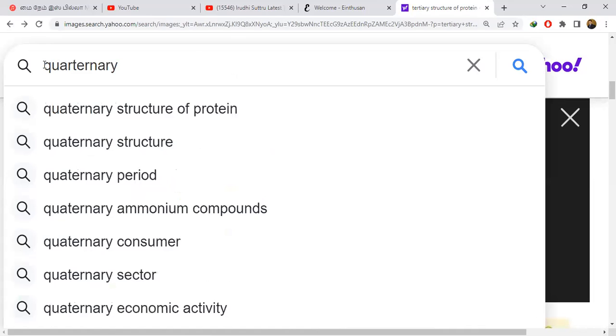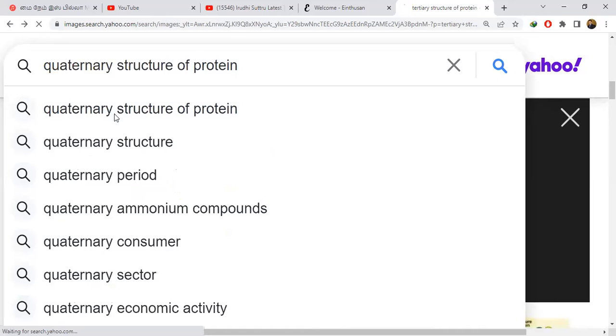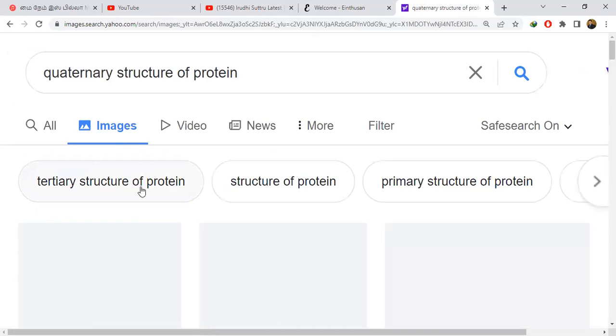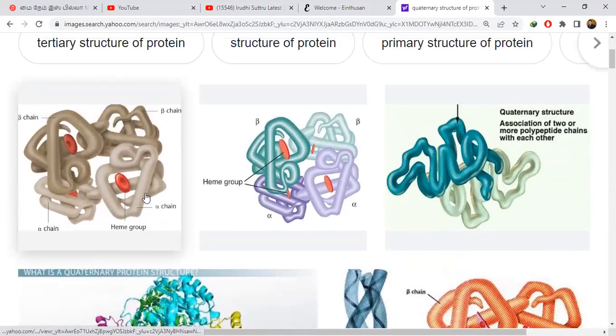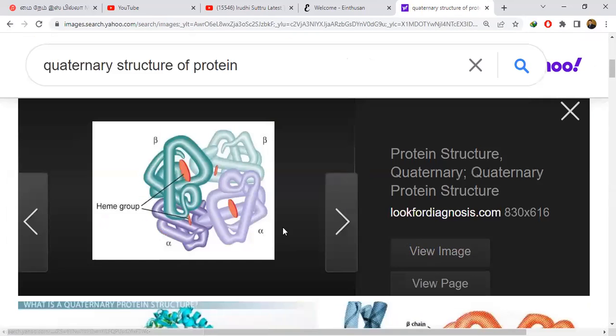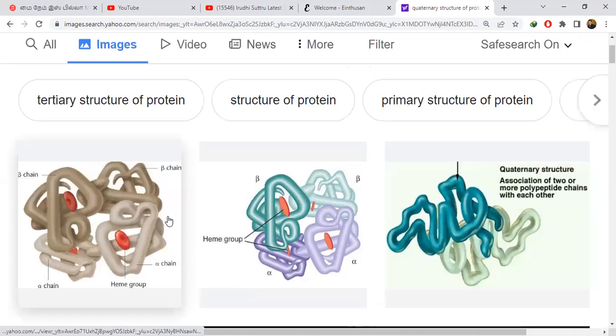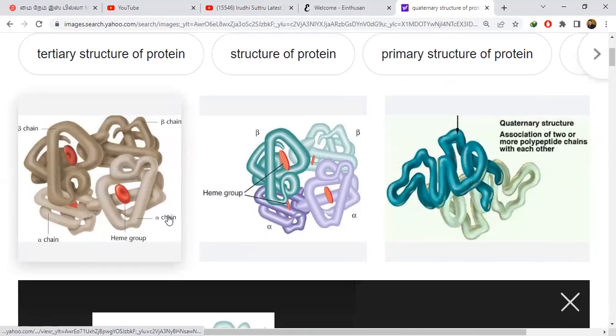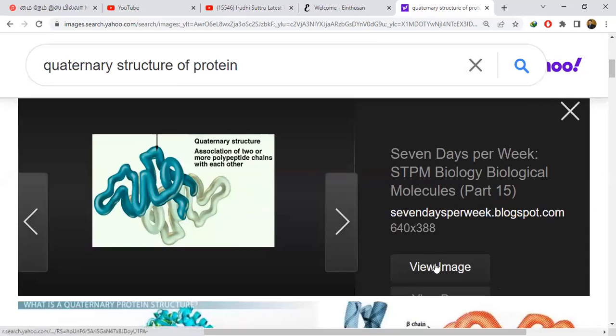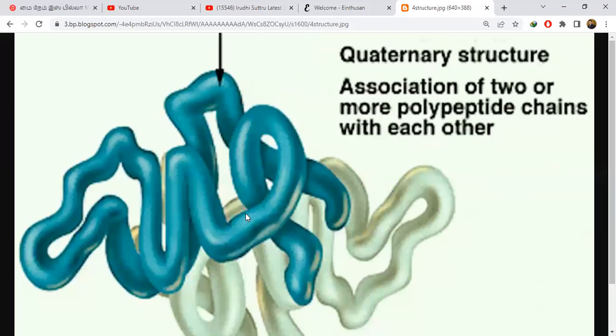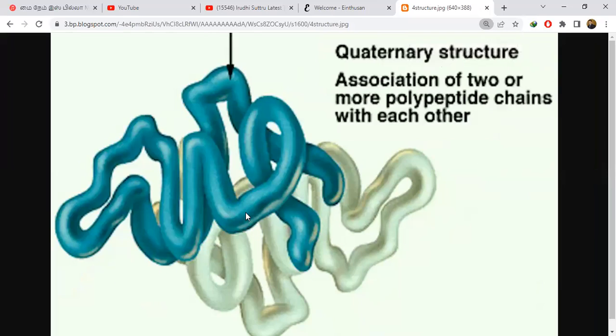If you take quaternary structure of protein, the very important point is that in the quaternary structure of protein, there will be more than one. Keep in mind. Okay, take this. What is written in the right side?